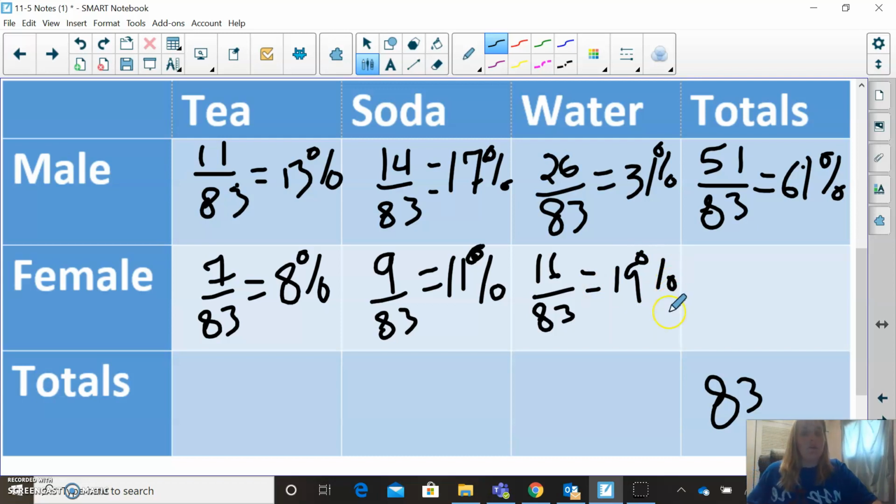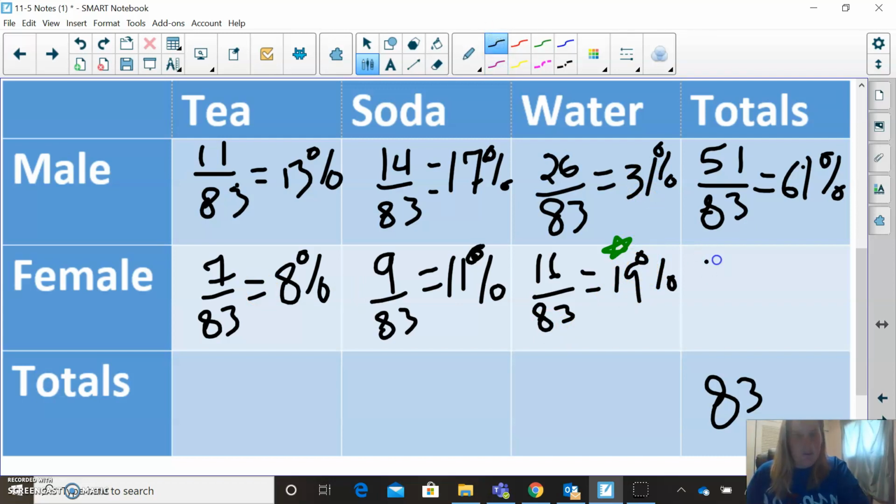So the joint relative frequency of females that chose water is 19%. I'm going to repeat that again. The joint relative frequency of females that chose water is 19%.